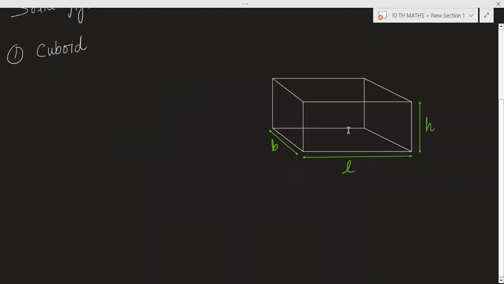Now for this cuboid, if you want to find the lateral surface area, can you tell me how many faces will be there in this cuboid? 6 faces will be there.